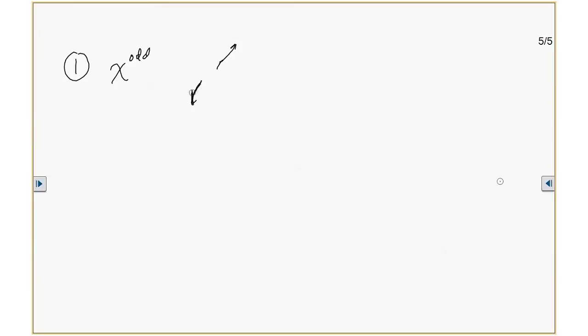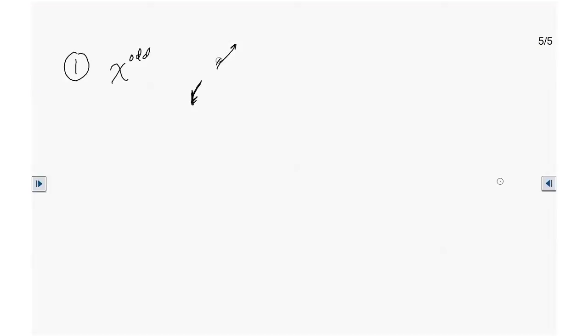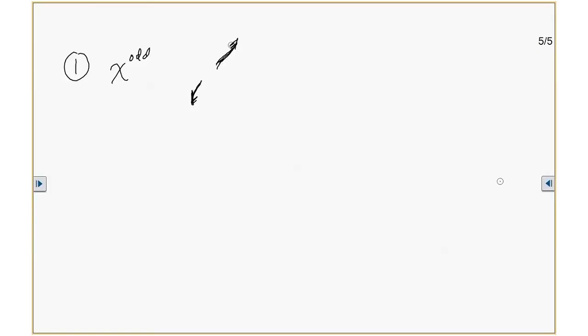The reason it does this is because you don't know what the middle is going to do until you see what the number is.